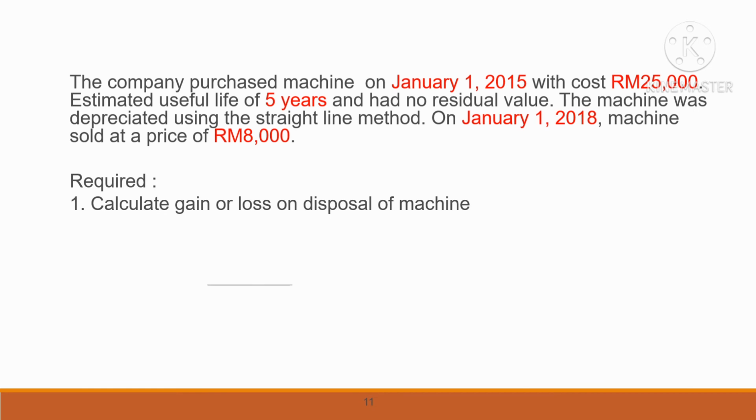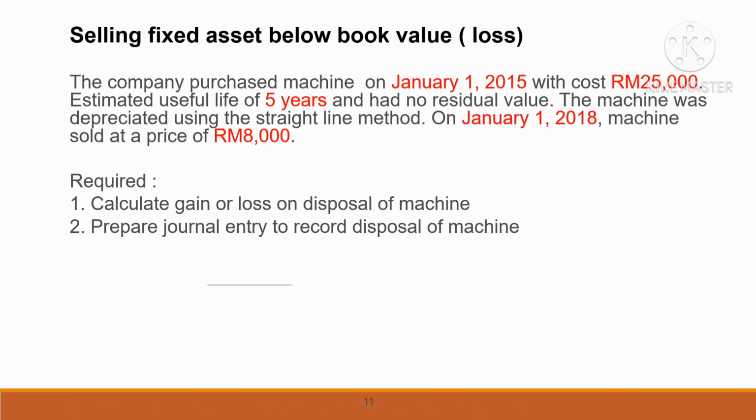So we have to calculate gain or loss on disposal of the machine. And the second one, you have to prepare the journal entry to record disposal of the machine. So this type of calculation is for selling a fixed asset below book value.